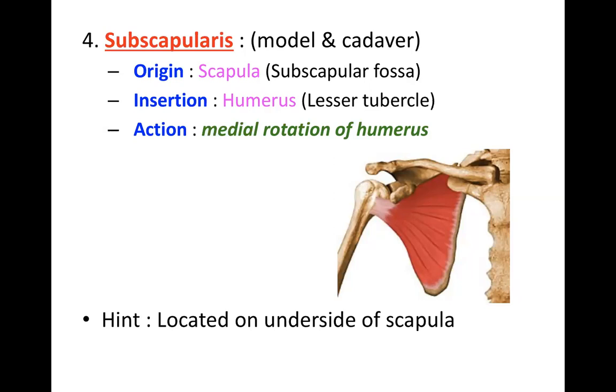Okay, so we're going to see that it's inserting onto the lesser tubercle rather than the greater, but all of our rotator cuff muscles are inserting around the humeral head on either side of it. All right, and this one is going to cause a medial rotation. So it is going to be antagonistic to teres minor and infraspinatus.